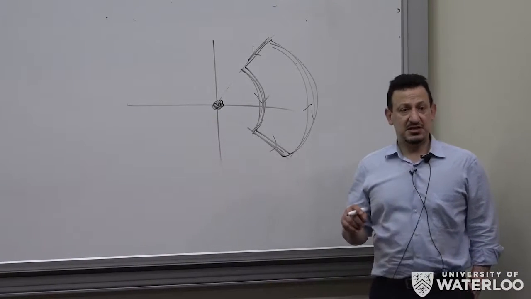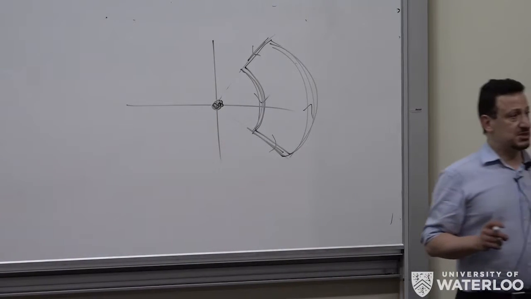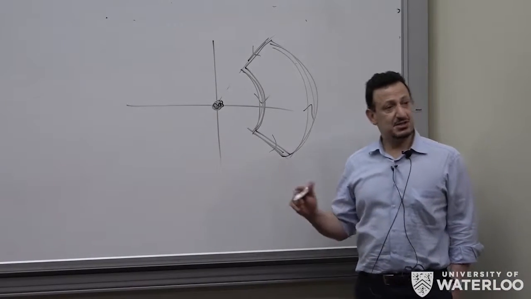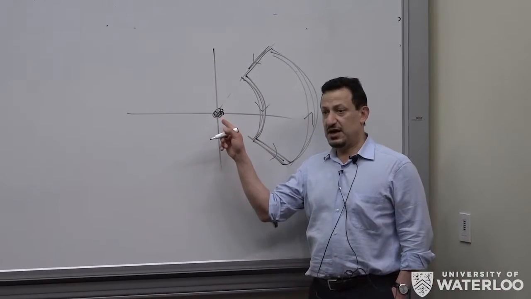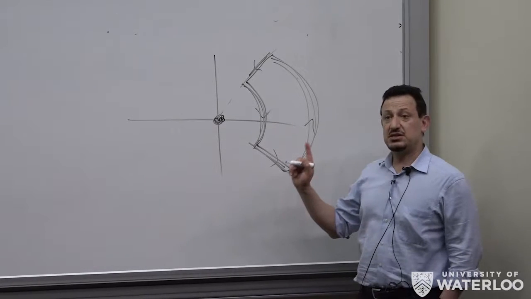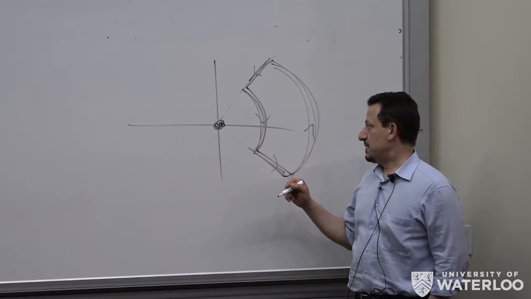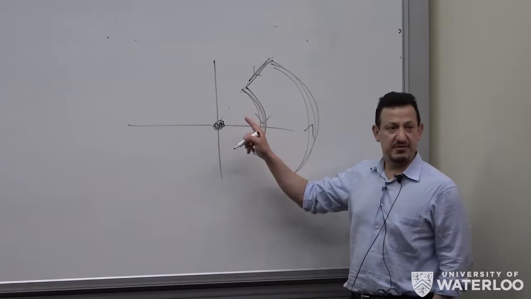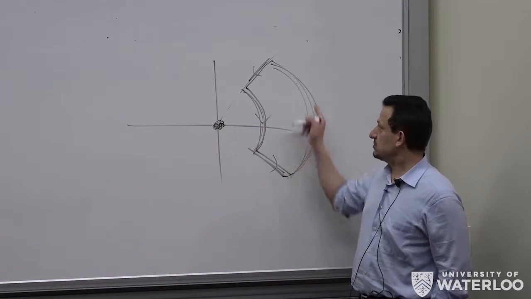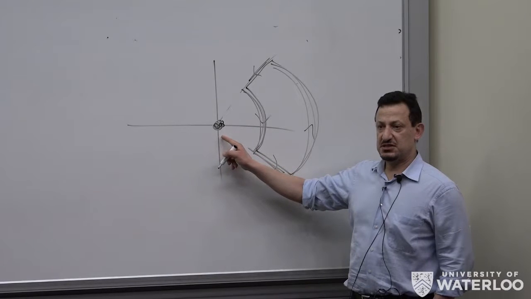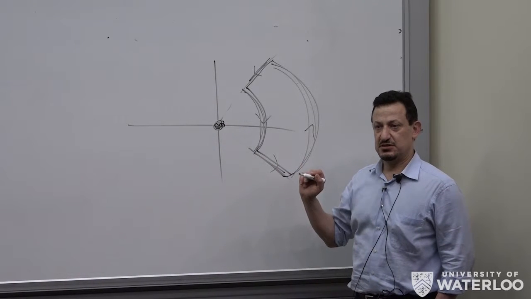Well, there's another class of problems in which I ask you to integrate the magnetic field B over this contour if there is a current source right here.